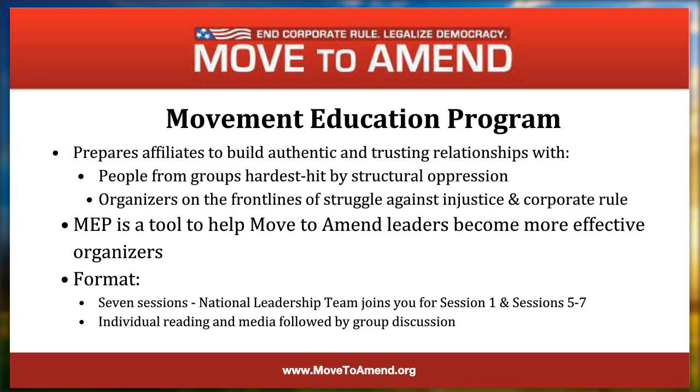So we start off with you at session 1, and then come back together for sessions 5 through 7, the culmination. This involves doing individual readings, as a group or just as individuals, and includes readings and media, such as videos, followed by a group discussion with members of the national leadership team.